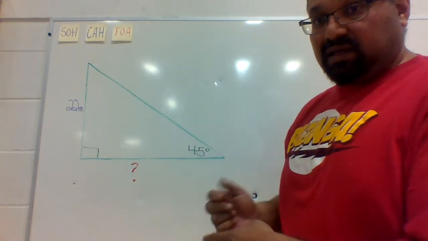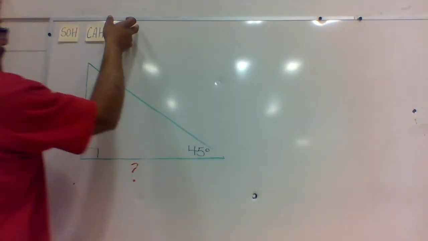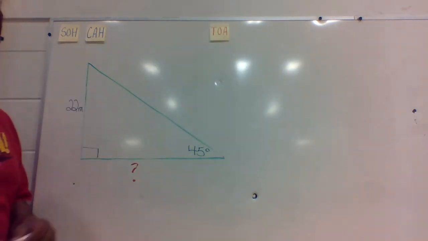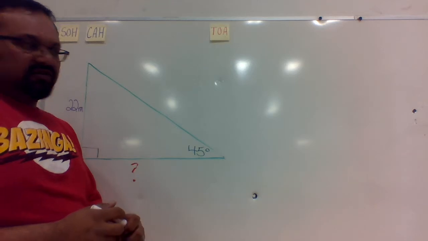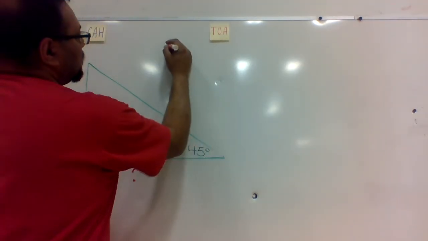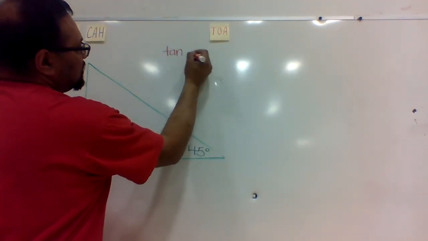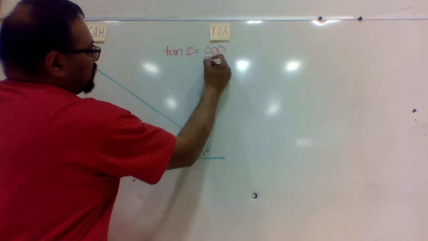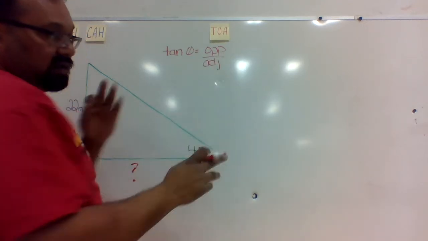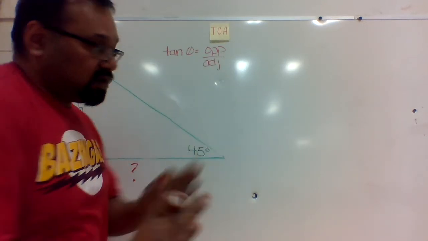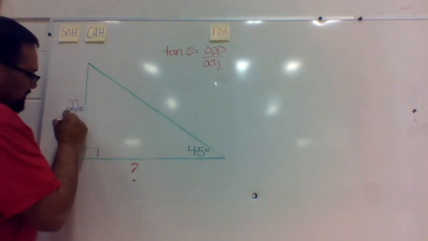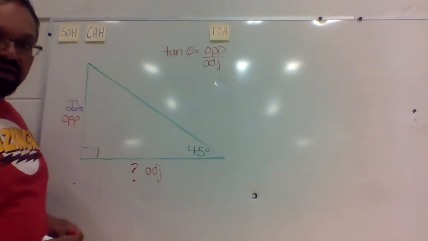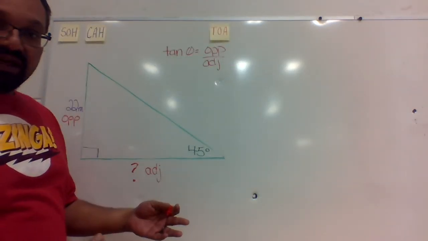So that means to calculate this one, we need to work with TOA, the formula for tangent. Writing that out, the tangent of an angle equals the opposite over the adjacent. We always label the sides so we know for this angle, this is the opposite side, and this is the adjacent side.